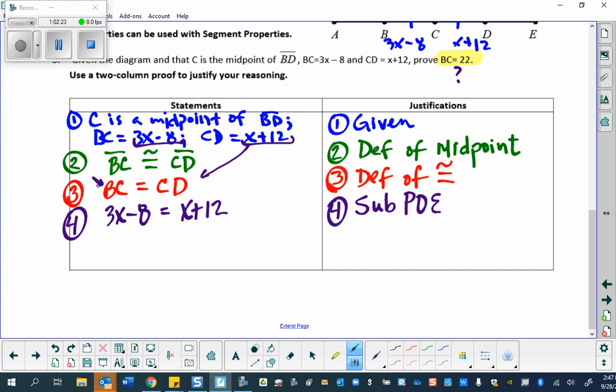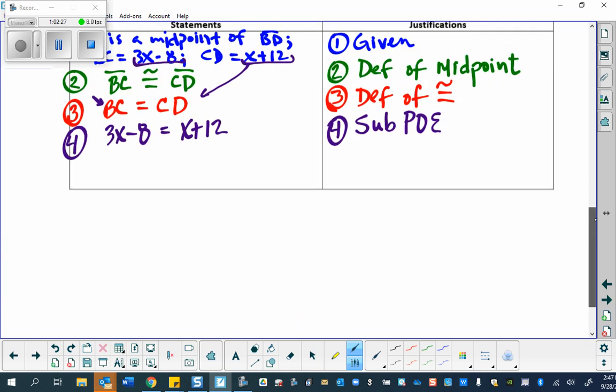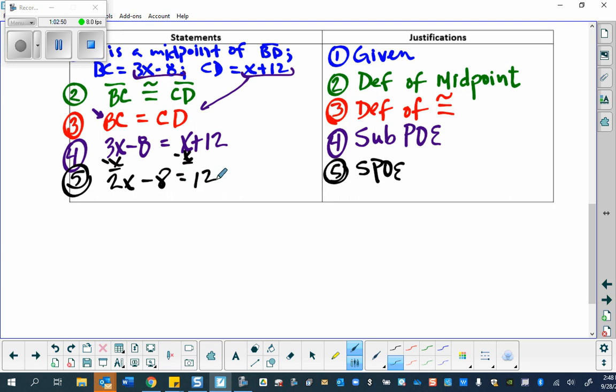Now might you know what to do? What are you going to do next? Okay. I heard ESCO, which means that this person, like me, likes to group their variables first. So they're going to subtract x from each side, giving me 2x minus 8 is equal to 12.